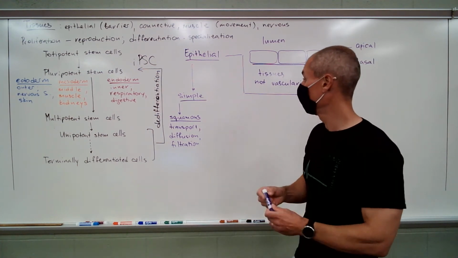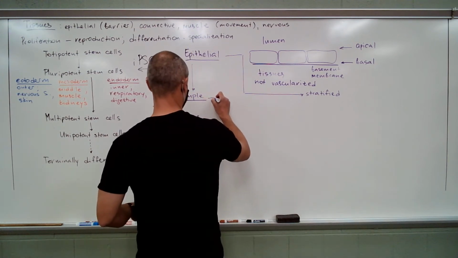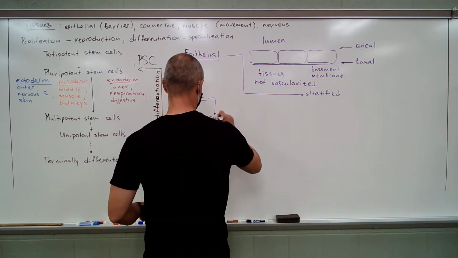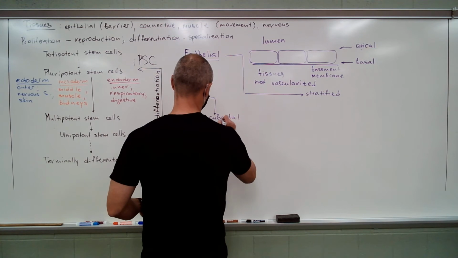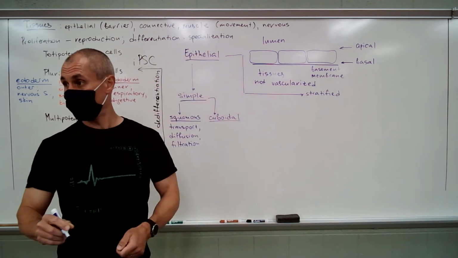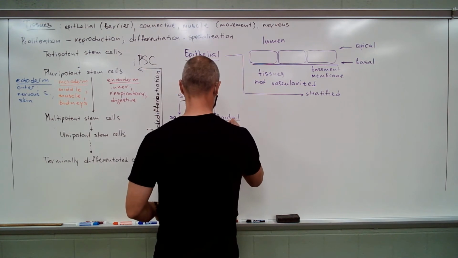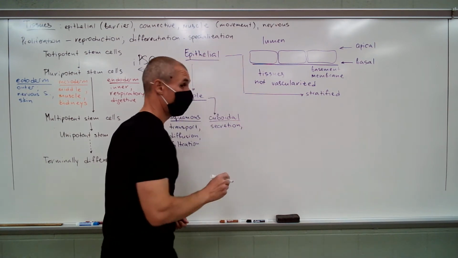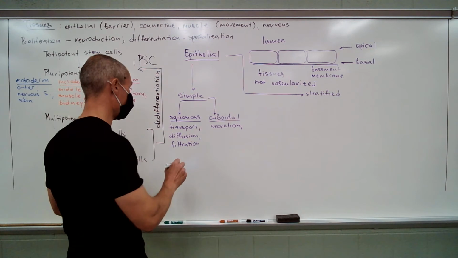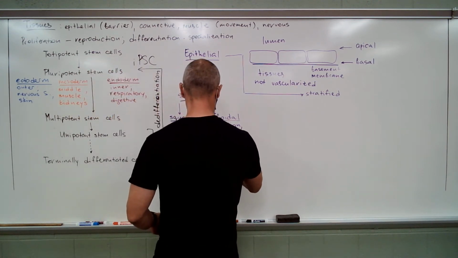Good? Then you've got cube-shaped cells. So that makes for cuboidal epithelium. The main function of cuboidal epithelium is secretion, and in specific locations, absorption.